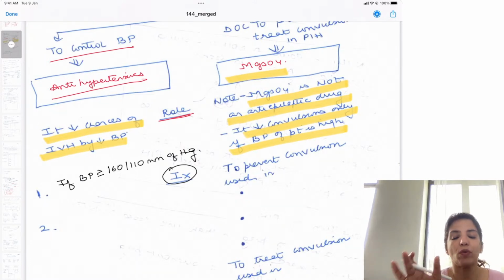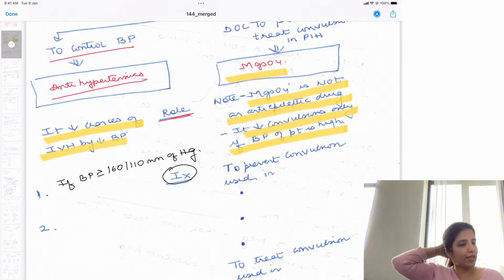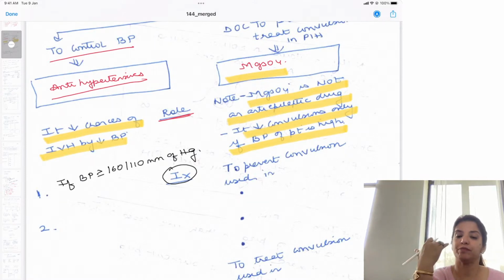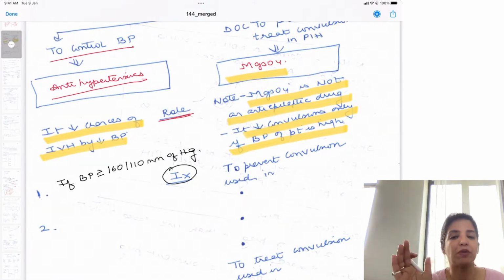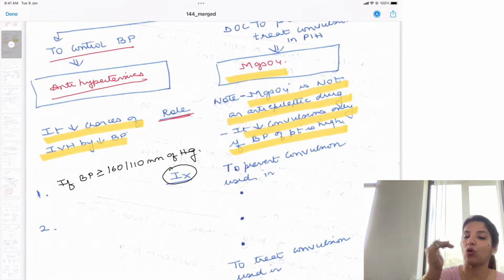Now, how is the question going to confuse you? The question will say there is a patient in whom BP is 162 by 108 or 162 by 100, and what is the next step? As soon as BP goes above 160, it means it classifies as severe pre-eclampsia. Either systolic has to be more than 160 or diastolic has to be more than 110.